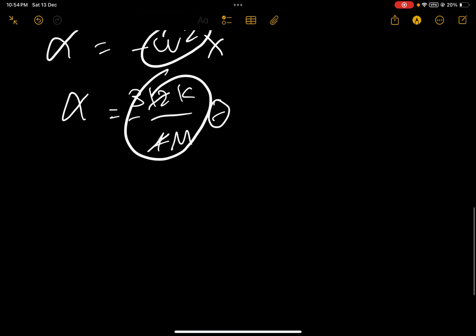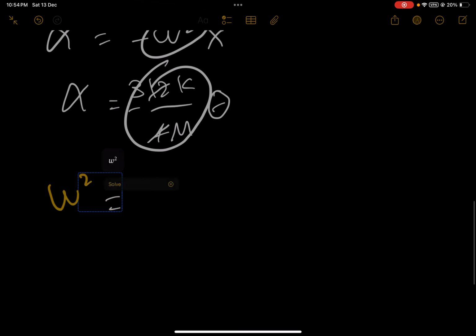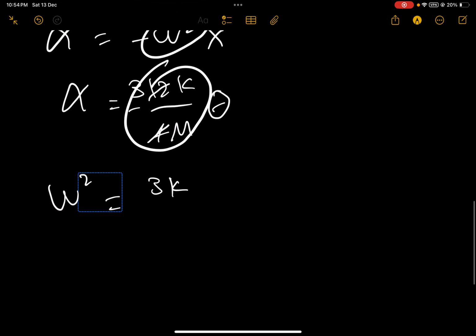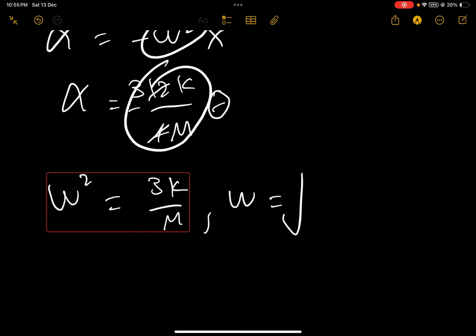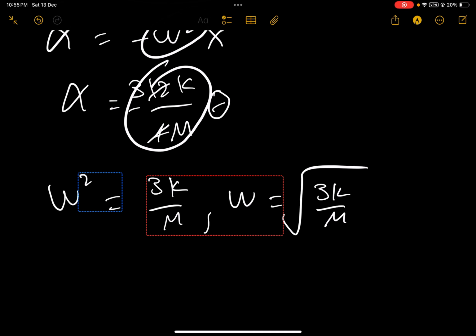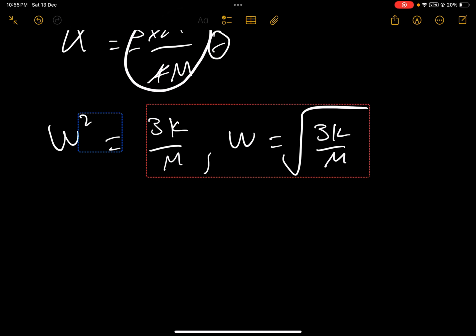So now we have omega squared, which is 3k over m. So omega is this. So the period is 2 pi root m over 3k.